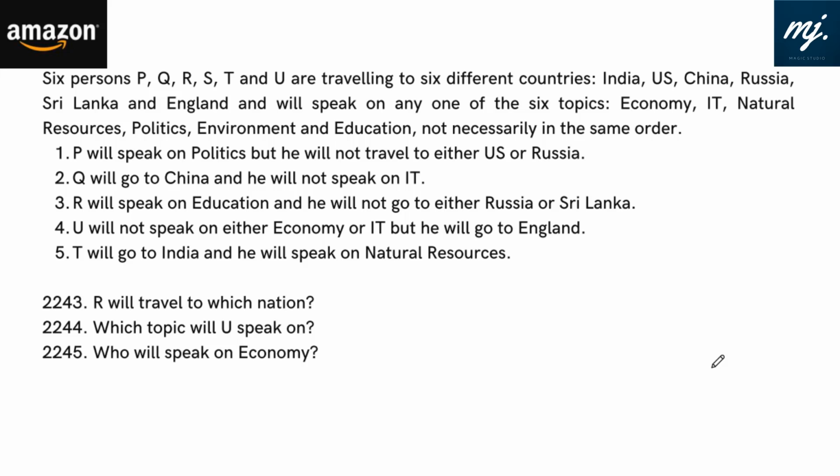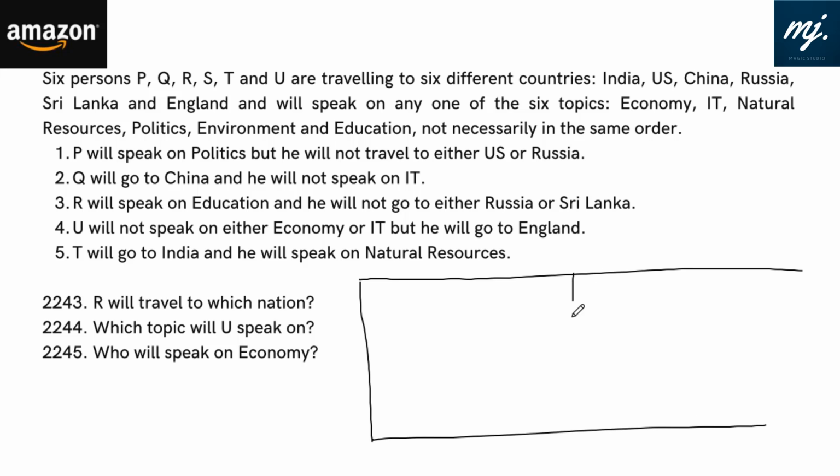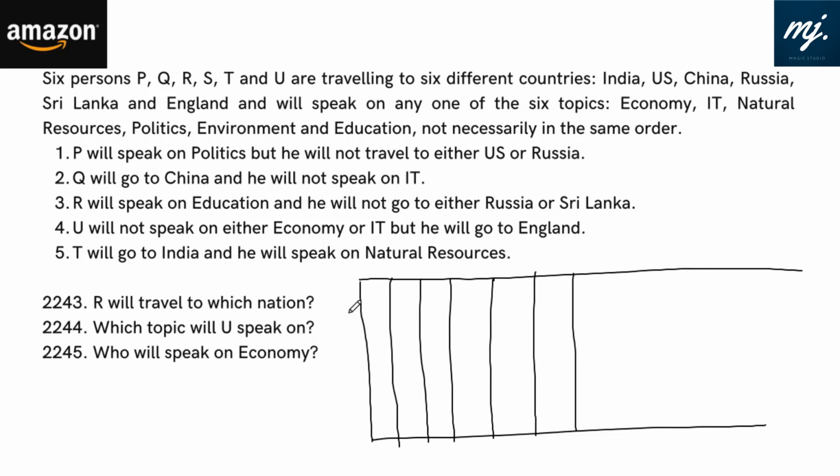Okay, so the last caselet of this session, and 3 questions to follow. 6 persons P, Q, R, S, T, U are traveling to 6 different countries. Okay, let me have my grid ready. 6 persons. 1, 2, 3, 4, 5, 6.